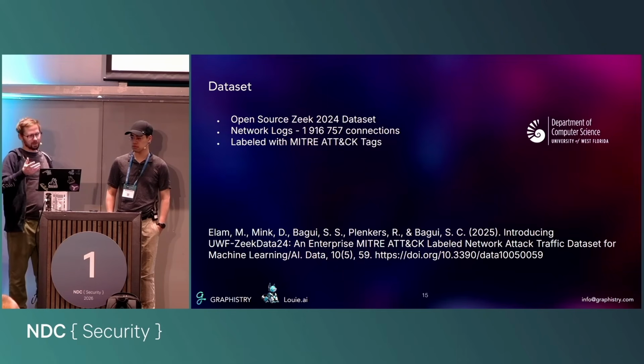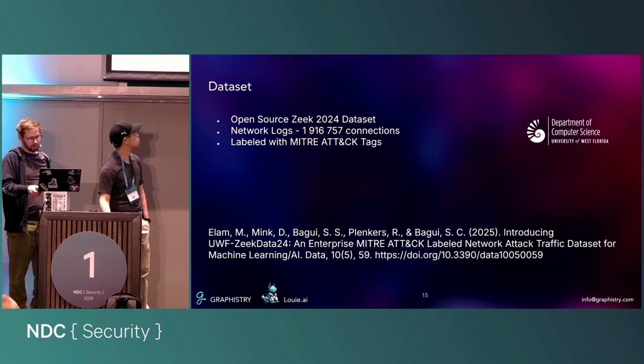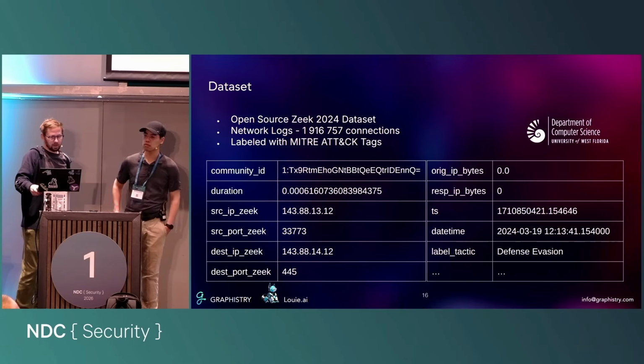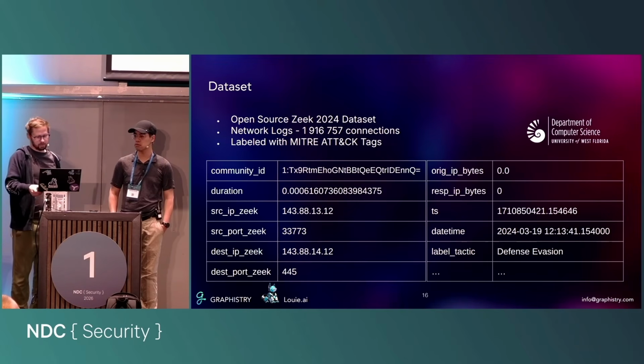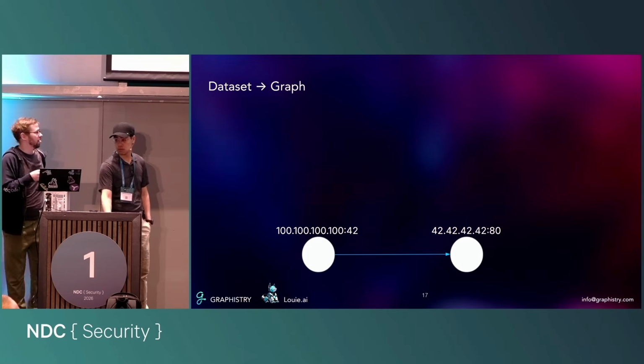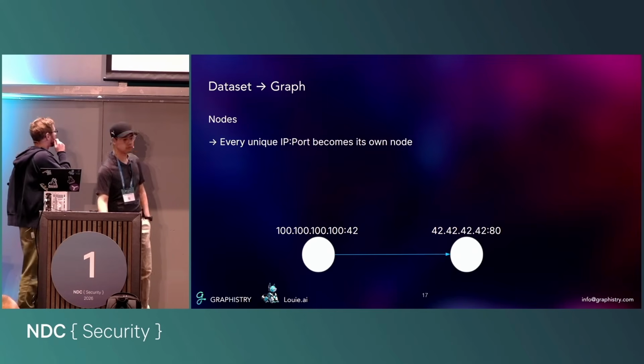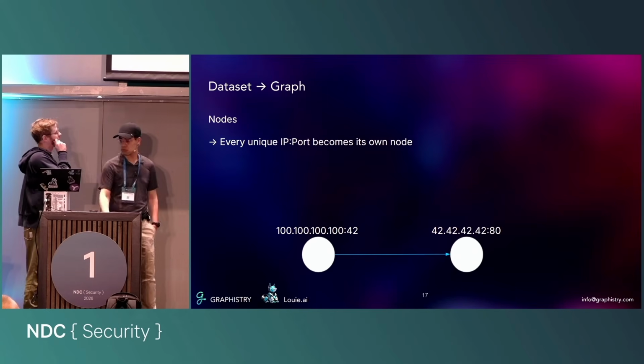So it simulates an attack, but they're real attacks they're doing using Metasploit and stuff like that. So this is what the logs look like. And what we're going to focus on to build our graph is the source IP and the source port, and the destination IP and the destination port.